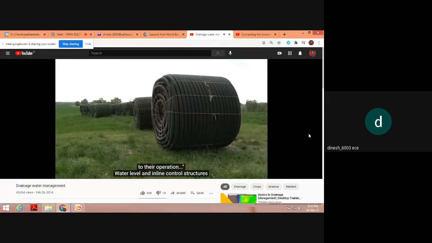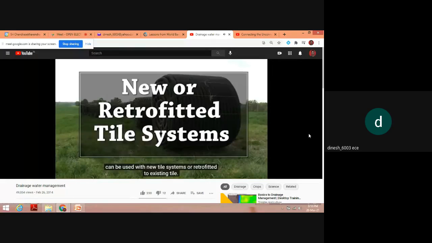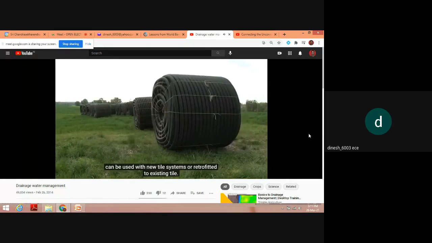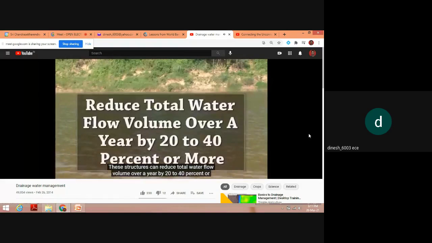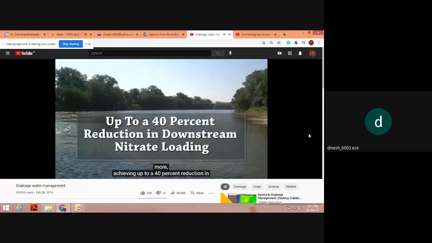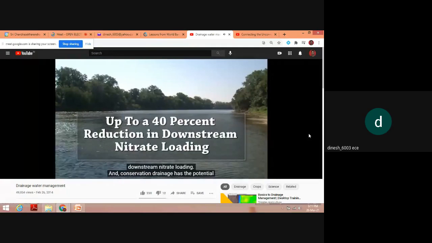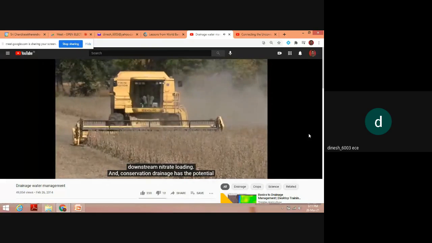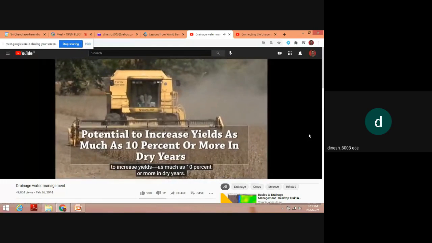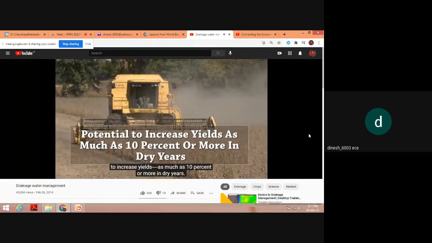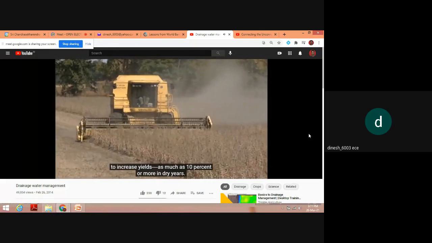Water level and inline control structures can be used with new tile systems or retrofitted to existing tile. These structures can reduce total water flow volume over a year by 20 to 40% or more, achieving up to a 40% reduction in downstream nitrate loading. And conservation drainage has the potential to increase yields as much as 10% or more in dry years.